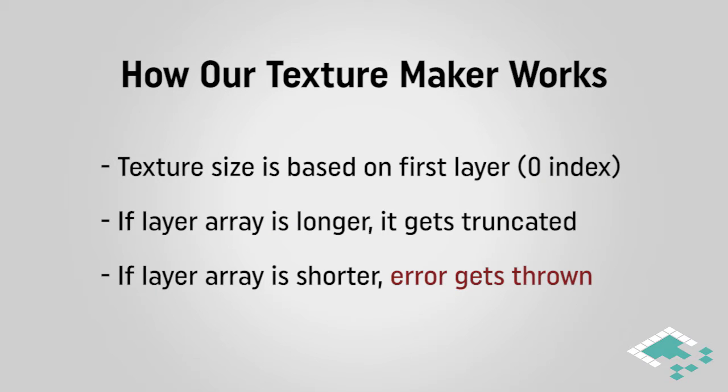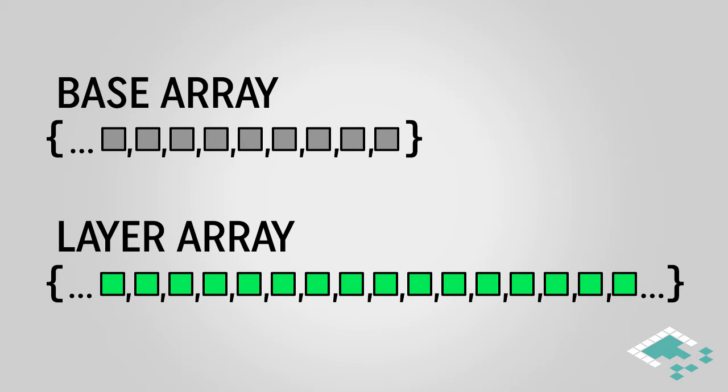So how our system works right now is we're setting the size of our final texture based on the very first layer we have, layer 0 in our array. From there, anything that is larger gets truncated. The array of color information we have gets truncated wherever the image ends. Now there's two issues with that.